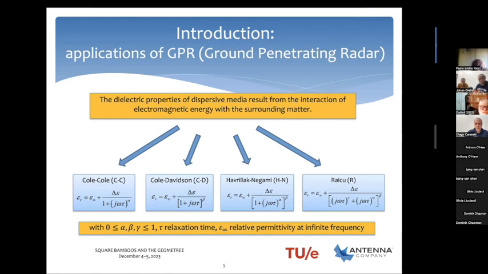In the various expressions, one can recognize epsilon sub infinity, which defines the relative permittivity of the medium at infinite frequency, whereas the quantity delta epsilon denotes the difference between the asymptotic relative permittivity and the static permittivity, so at frequency 0.